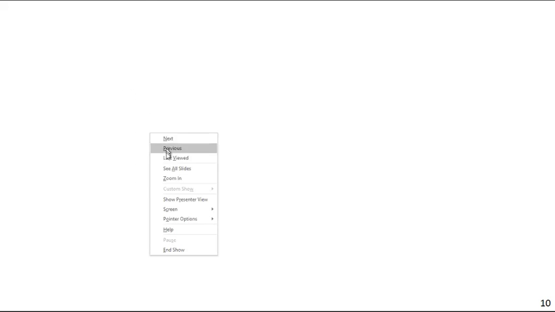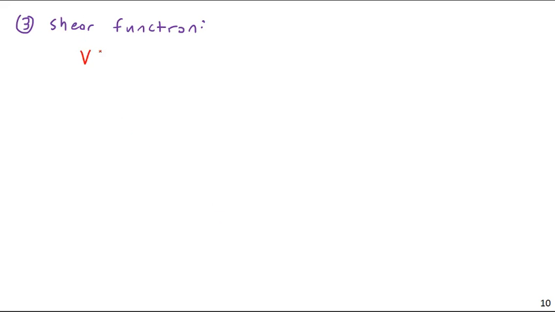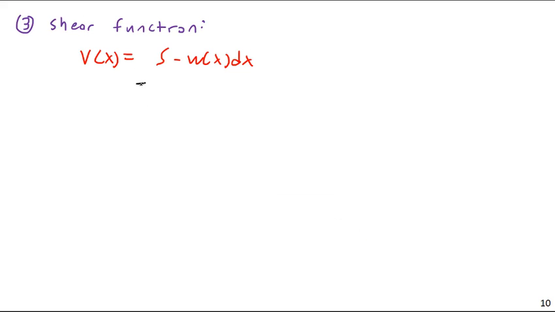So next, I want to develop the shear function. I have my w function, now I need to develop my shear function. Well, v as a function of x is equal to the integral of negative w of x dx, which is equal to the integral of negative 4 minus 2 over 9 x dx.